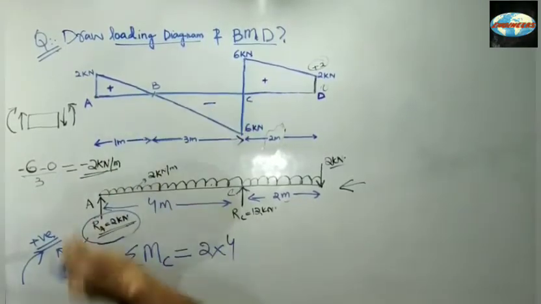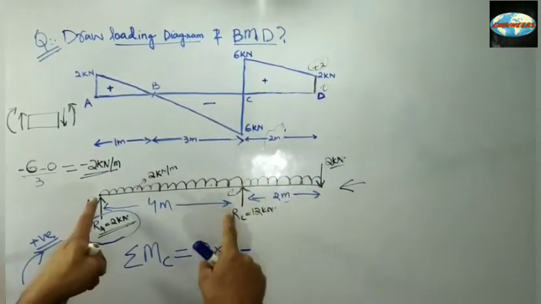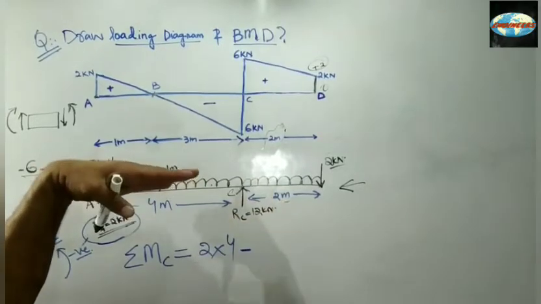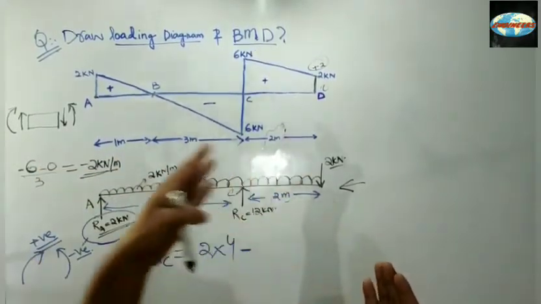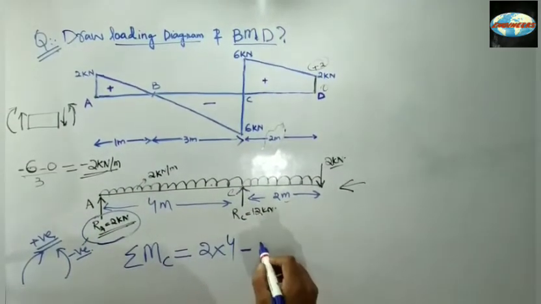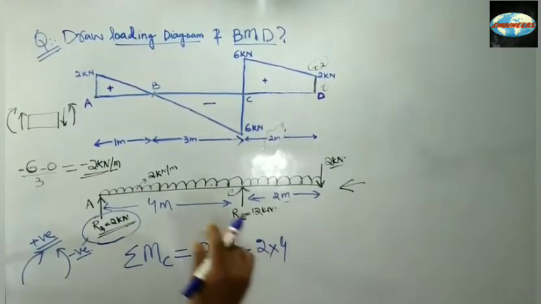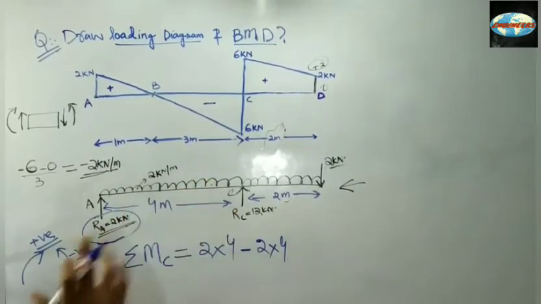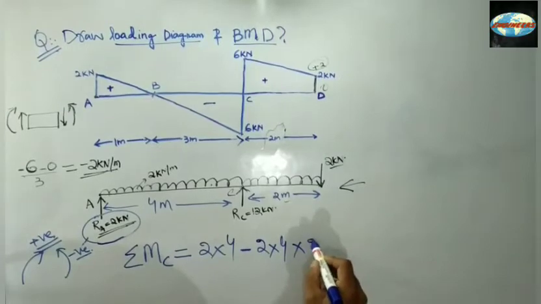Let's take clockwise direction as positive. Now this UDL from A to C will give a movement in the anti-clockwise direction about point C, so we'll calculate that. That's 2 into 4, that is 8 kilonewton, the total load from A to C, multiplied with its lever arm, that's 4 by 2, or you can say 2 directly.